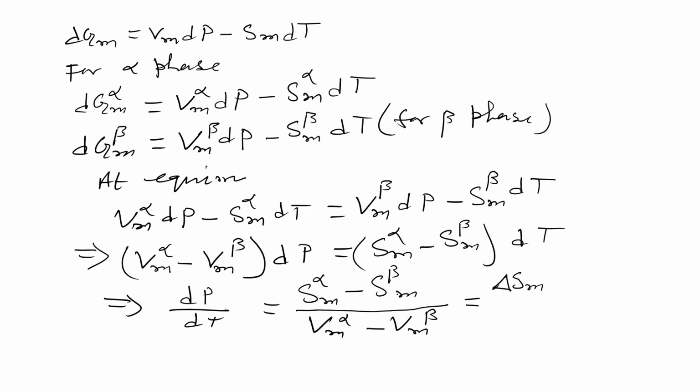So beta to alpha phase, divided by delta Vm, the change in the molar volume for the phase transition beta to alpha phase. I can also write dP by dT is equal to delta S by delta V.